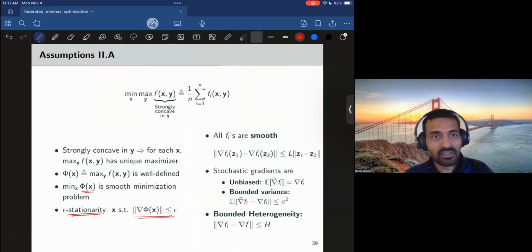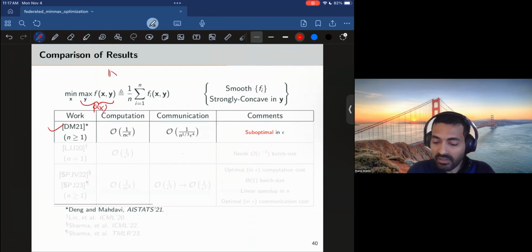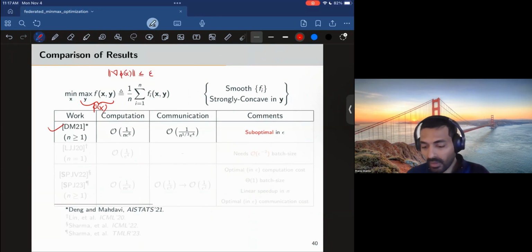Okay, so let's look at what the existing results say. There was a paper from 2021 which solved this problem. Here phi of x is given, and we are interested in the gradient of phi of x being smaller than epsilon.